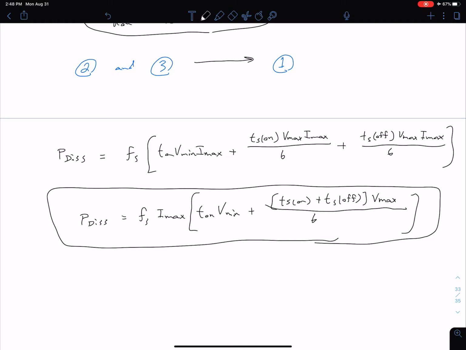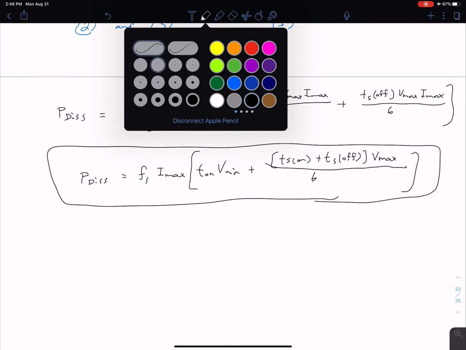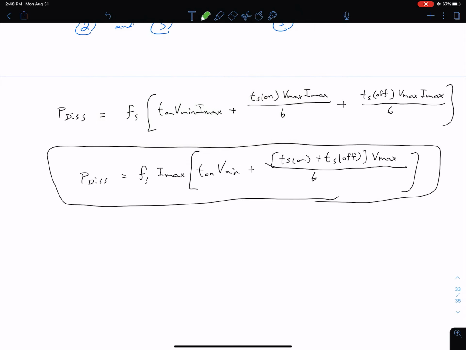So what we can notice here is we have these two major terms, and depending on what type of operation we have, typically one or the other will dominate. So let's look at each of those two. This term here represents when our device is on, whereas this term here represents both of those transition periods where we're switching.